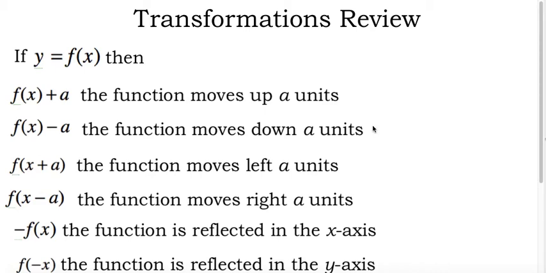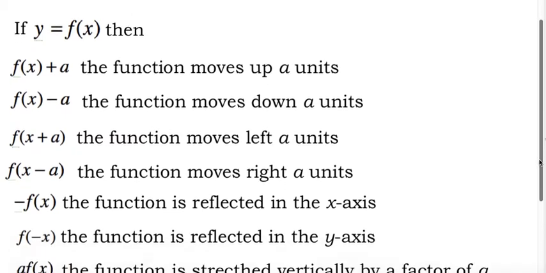That means also the asymptote will move down. Anything inside the bracket with the x is a horizontal transformation. And here, remember, it always works the opposite to what you think it should. So if it's x plus a in the brackets, then it will actually move to the left a units. And if it's x minus a, it moves to the right.